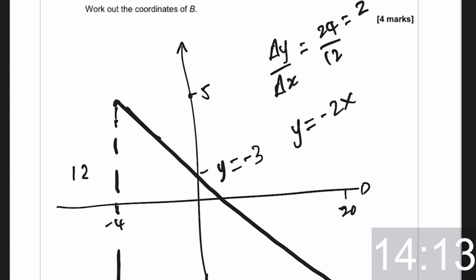Okay, double check this. y must equal, c is minus 3, yes. So when x is 0, so I think it's that, minus 2x minus 3. But that doesn't work. Why doesn't that work? So we're definitely going 12 down and going 24 across.